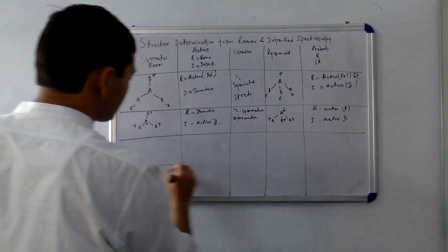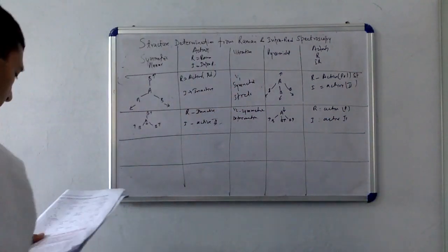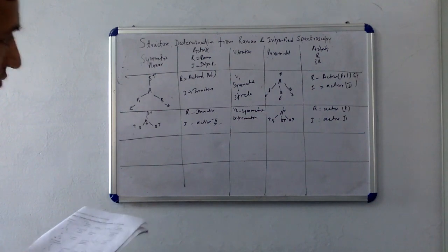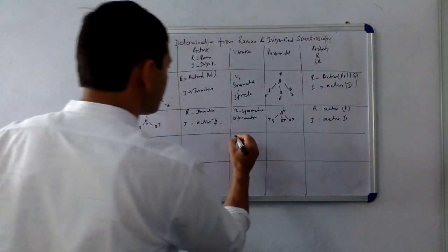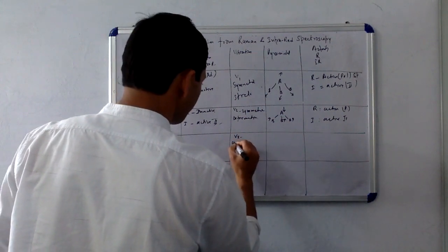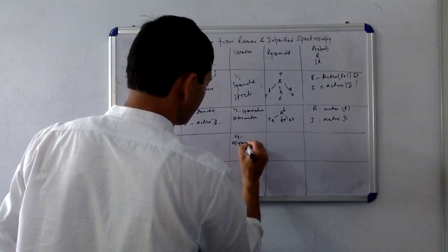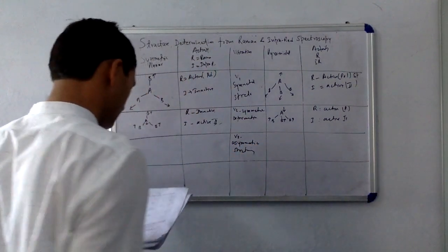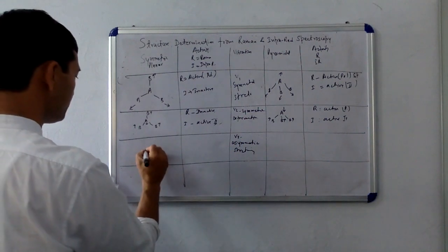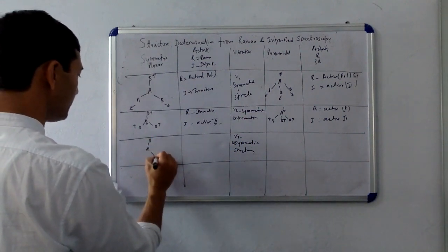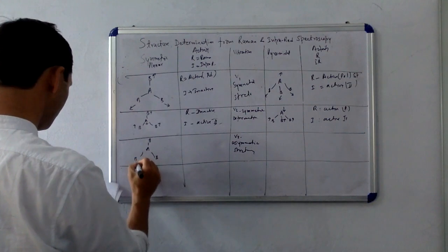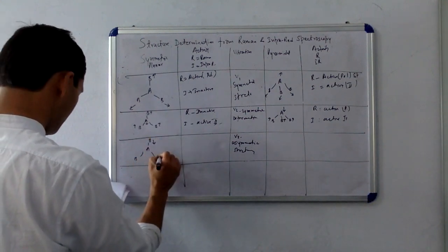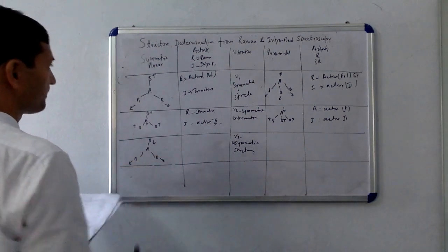The third fundamental vibration is V3, the asymmetric stretching. Asymmetric stretching: you have this A, and this B and this B. This B is moving downwards, these are also moving downwards.